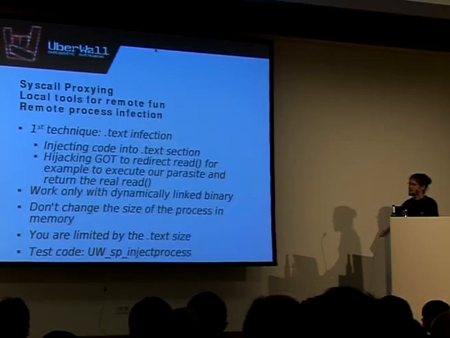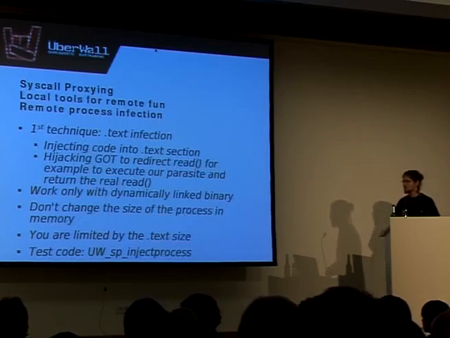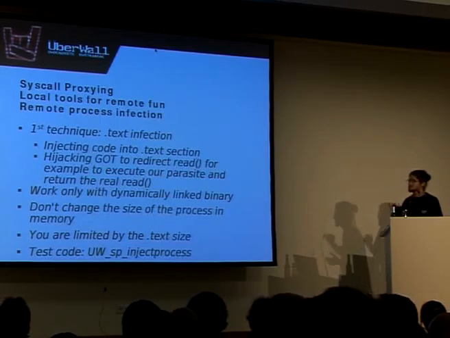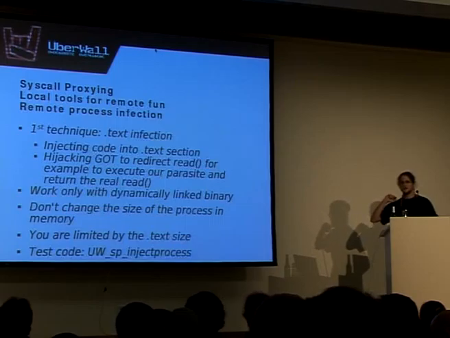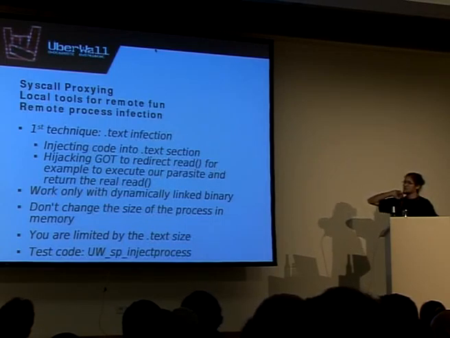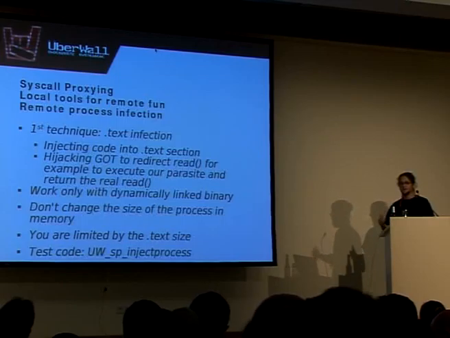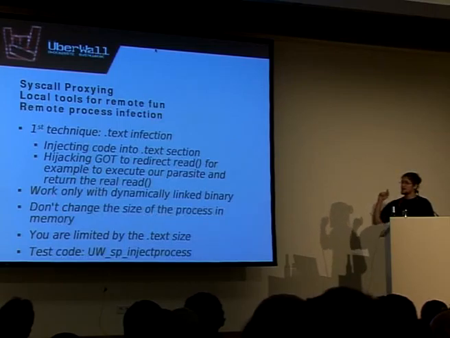So first technique, the amazing thing is, with the Linux kernel, when you execute a binary, the .text section where the code is stored is not writable. But when it's loaded in memory, you still have access to the PID through /proc/PID/exe, and this .text section is writable this time.